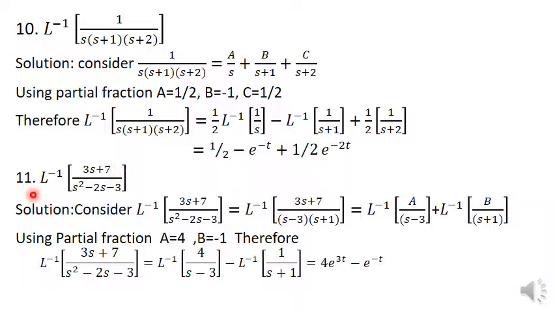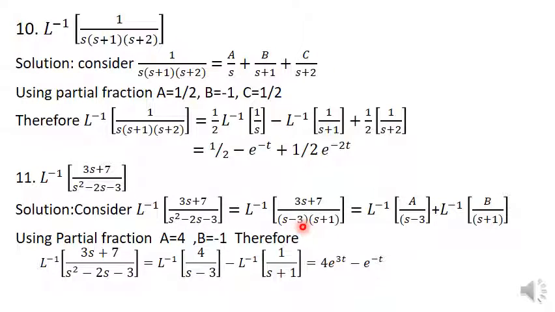Now, example 11. Find L inverse of (3s plus 7) divided by (s square minus 2s minus 3). Consider this function, that is L inverse of (3s plus 7) divided by (s square minus 2s minus 3). We can write the denominator as the factors, that is (s minus 3) into (s plus 1).